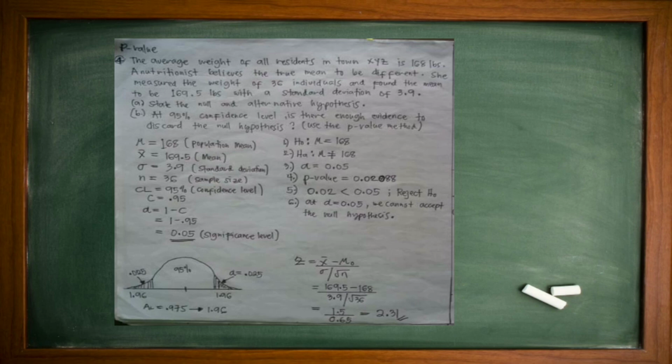Okay? So, we have 1 minus 0.95 is equal to 0.05. So, yan po yung ating significance level. Okay? Since kompleto naman po, proceed na po tayo sa ating p-value approach.